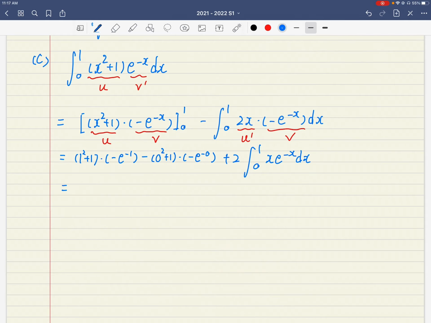So this part is negative 2e to the power of negative 1. This part is minus 1 times negative 1, which is plus 1. And then plus 2 times this thing.